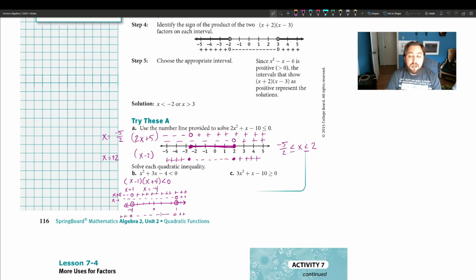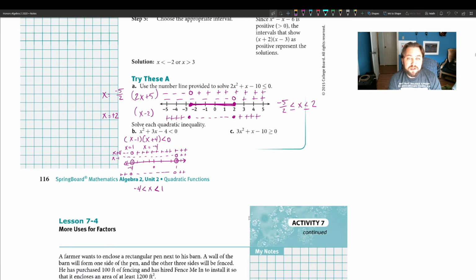So the question is, what do I want this to look like? And this is a less than 0, so I want the negative solutions. So my answer is going to be negative 4 less than x less than 1. Computer catch up here. I did the same thing I did with A, just a little more ugly, and double checked my values. And I saw this was less than, and I'm looking for numbers that are less than 0.